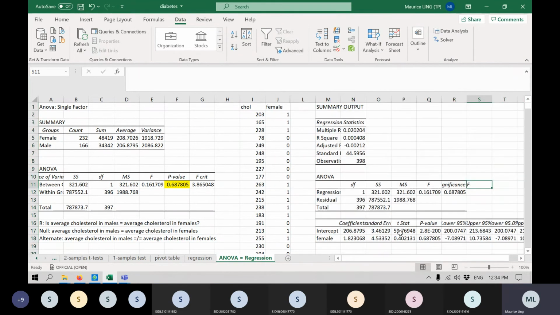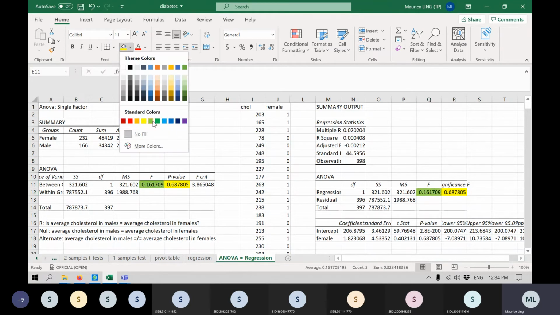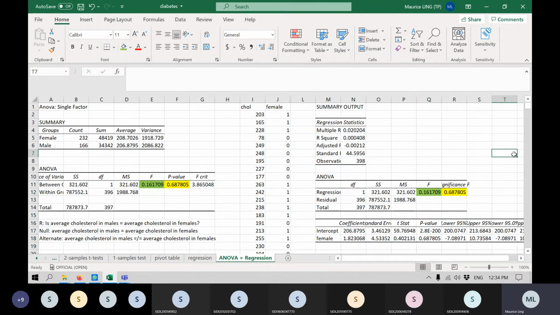What do you see? You realize that the significance p-value is the ANOVA p-value. The F statistic is the same. So actually, ANOVA is regression in this aspect.